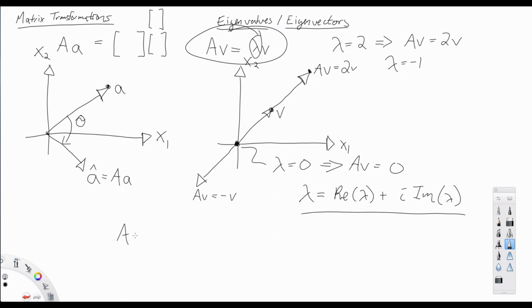So suppose we have a matrix with dimension n by n. It's a square matrix of dimension n. It can have up to n linearly independent eigenvectors, v. And each of these eigenvectors, of course, has a corresponding eigenvalue.